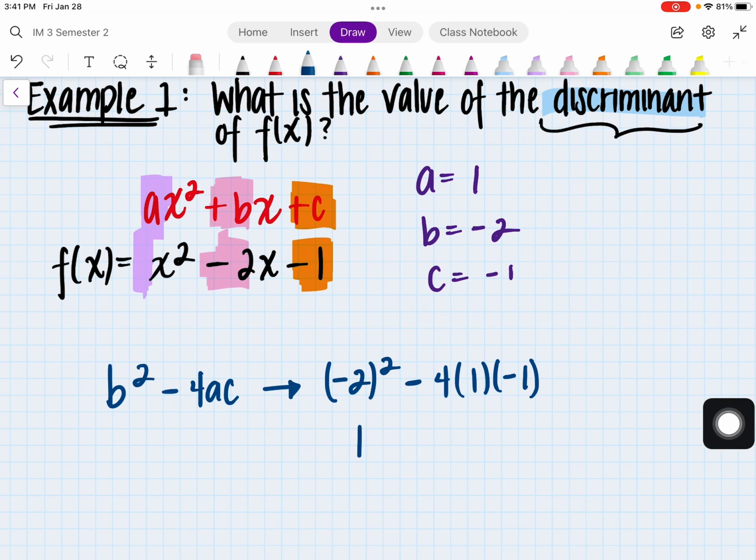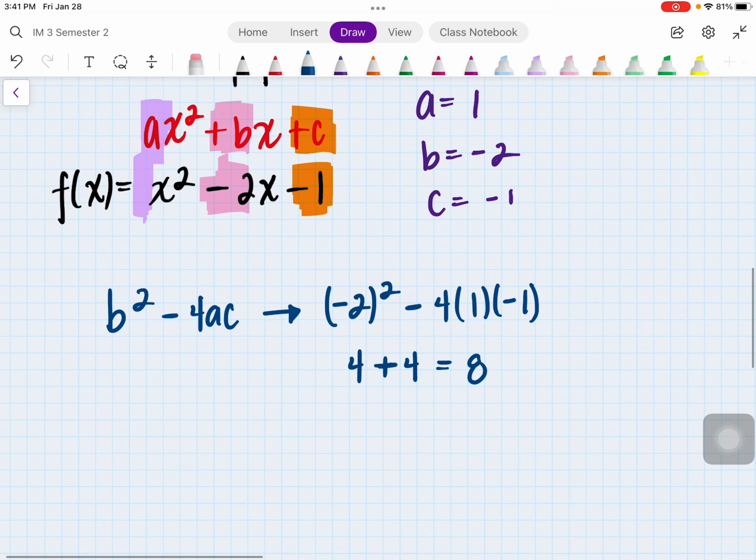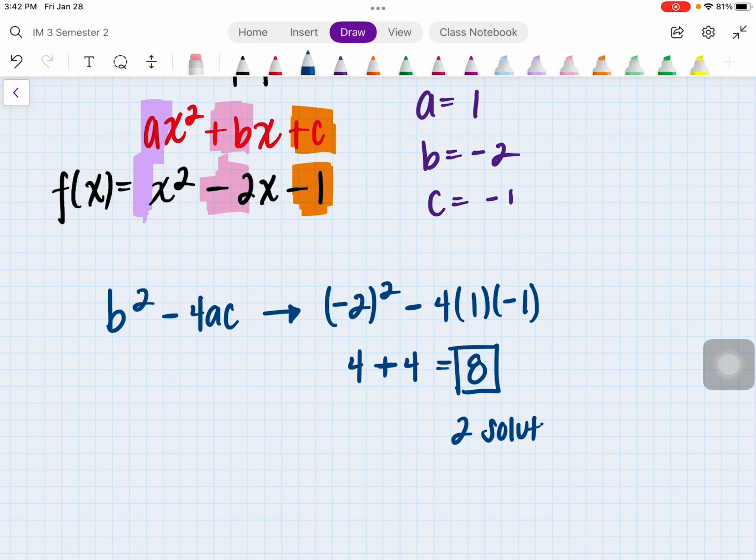Negative 2 squared is actually 4, and negative 4 times 1 is negative 4, and negative 1 times negative 4 is positive 4. So 4 plus 4 is 8. So this here is the value of the discriminant. Because the discriminant is positive, we have two solutions.